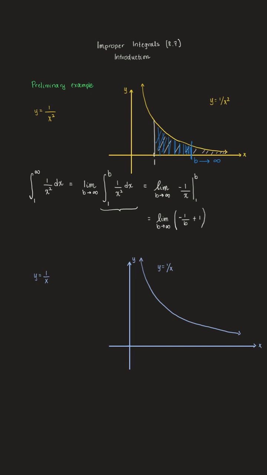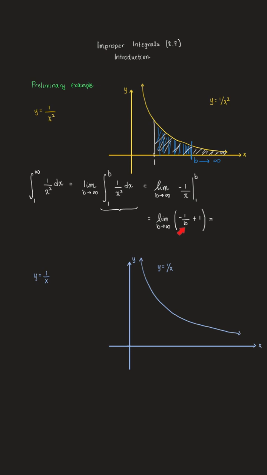Now we have an expression in terms of b, and we can take the limit as b gets arbitrarily large to see if we can actually give a value to the area between our function and the x-axis from 1 to infinity. When we calculate this limit, as b gets arbitrarily large, negative 1 over b is going to become very, very close to 0.